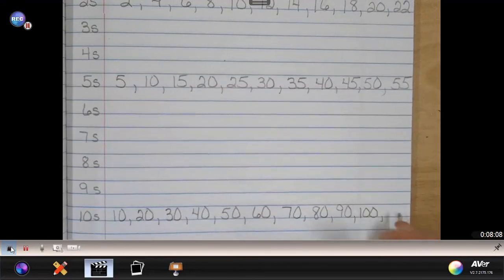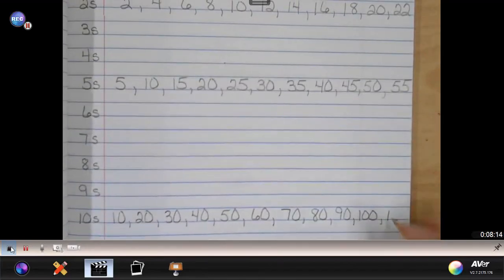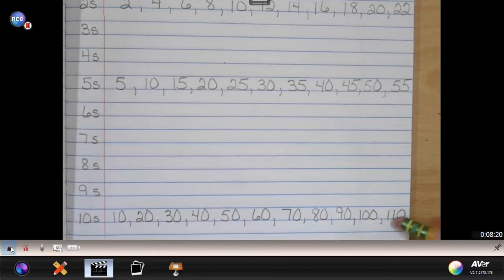And if I add on another group of 10, I would have 110. And of course, we could add on another group of 10, and we would have 12 groups of 10, which would make that pattern 120.